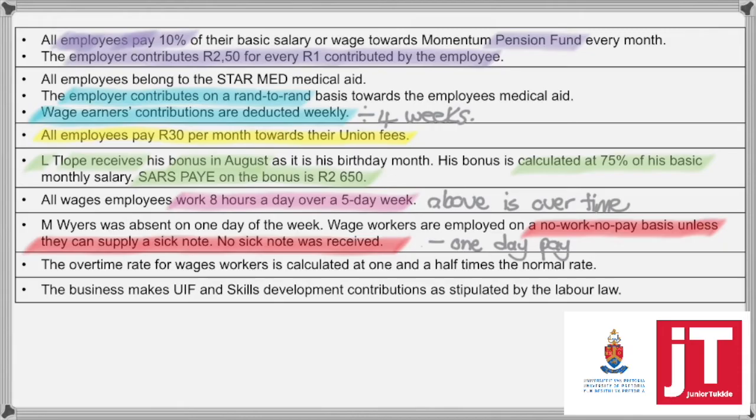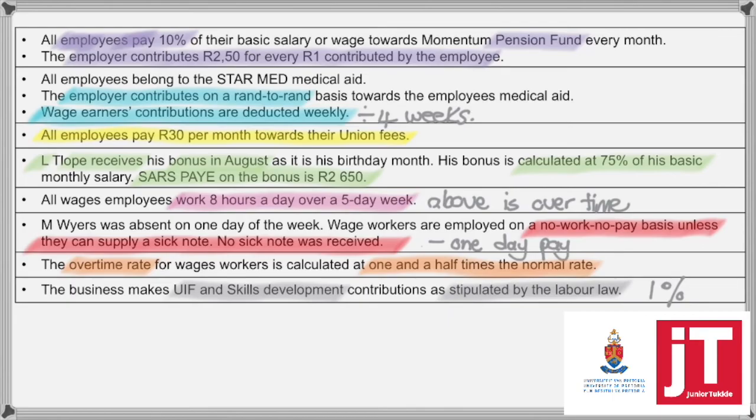So you're going to have to take the normal rate times 1.5 to get your rand value for overtime. And then the business makes UIF and skills development contributions as stipulated by law. So 1% for UIF and skills development must be calculated.